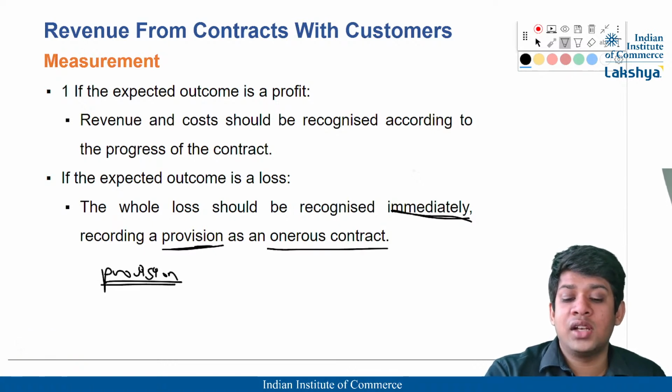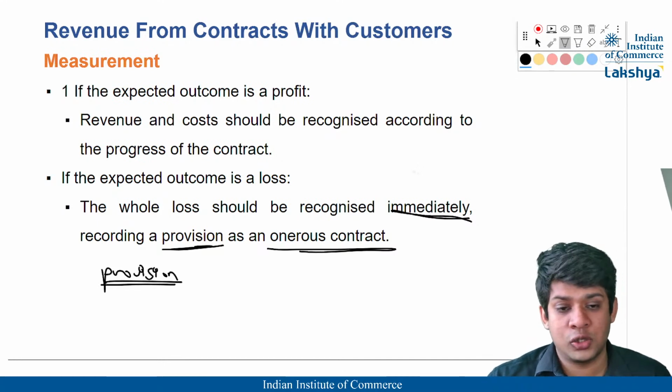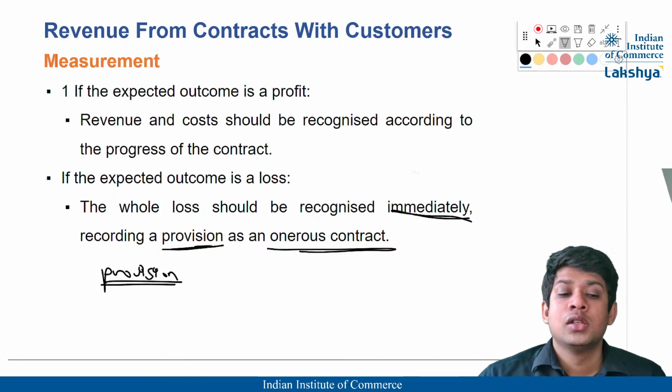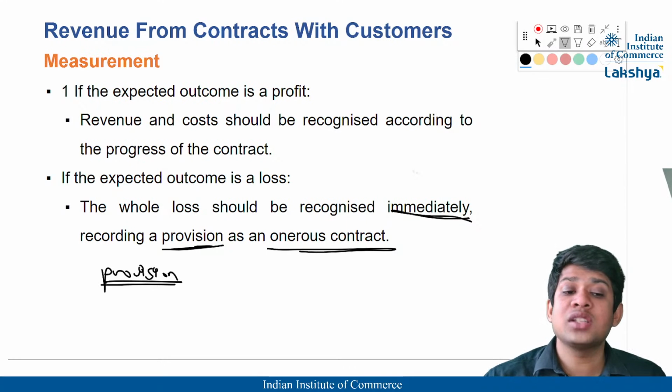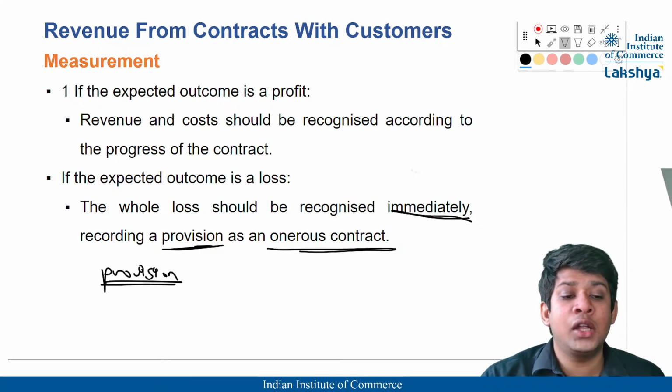And what is an onerous contract? You might have understood it in your provisions chapter. An onerous contract is a contract wherein I enter into a contract, but the costs to be incurred for complying with my performance obligations are going to be greater than the benefits that I'm going to receive from the customer.